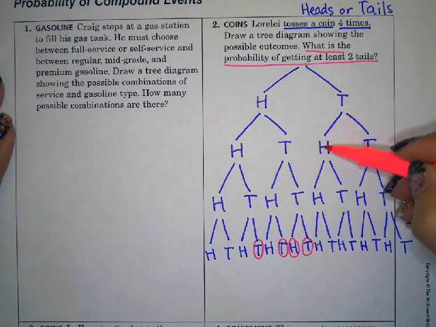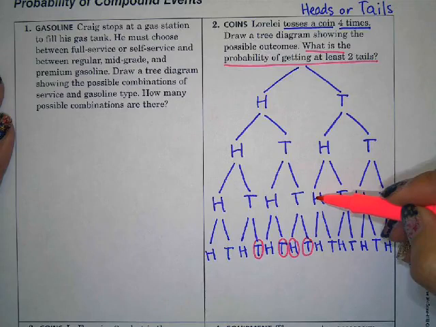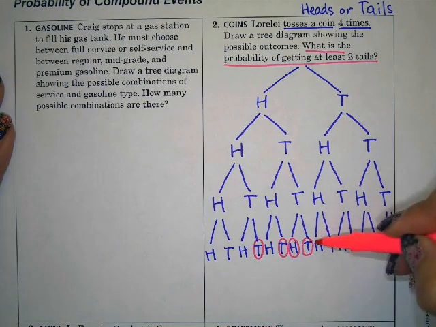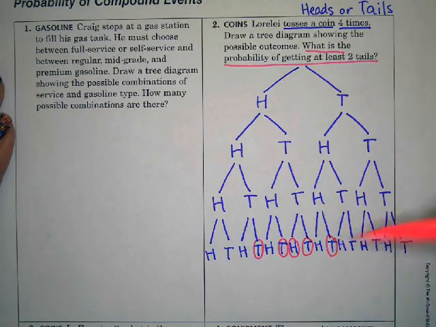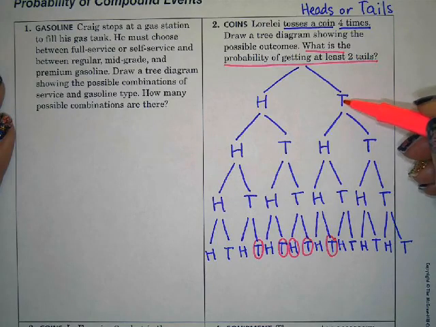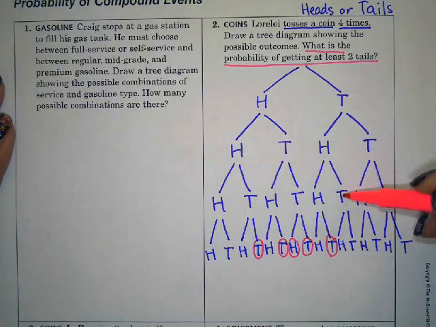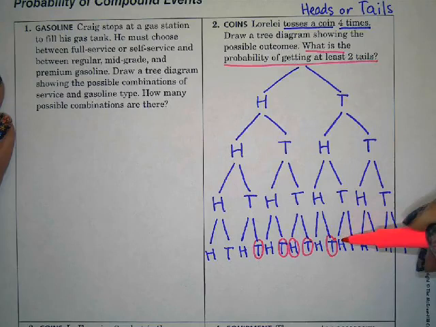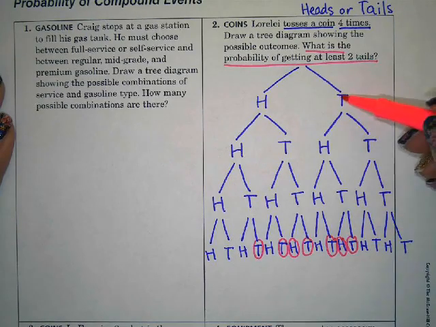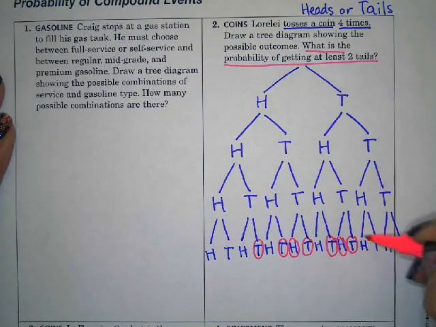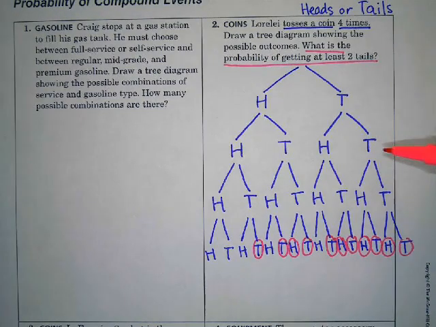So we can go heads, heads, and we can't go heads here because we need 1 more. So we could go tails though, and we would have 2. And then we already have it, so we can get that one or this one. And then tails, tails, we already have 2. So now any of the outcomes after that would work. So it would be this one, this one, this one, and this one, since we already had 2 tails there.